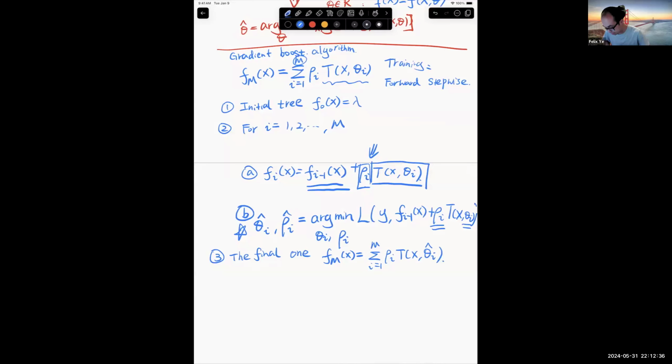The major difference between AdaBoost and gradient boosted trees lies right here.